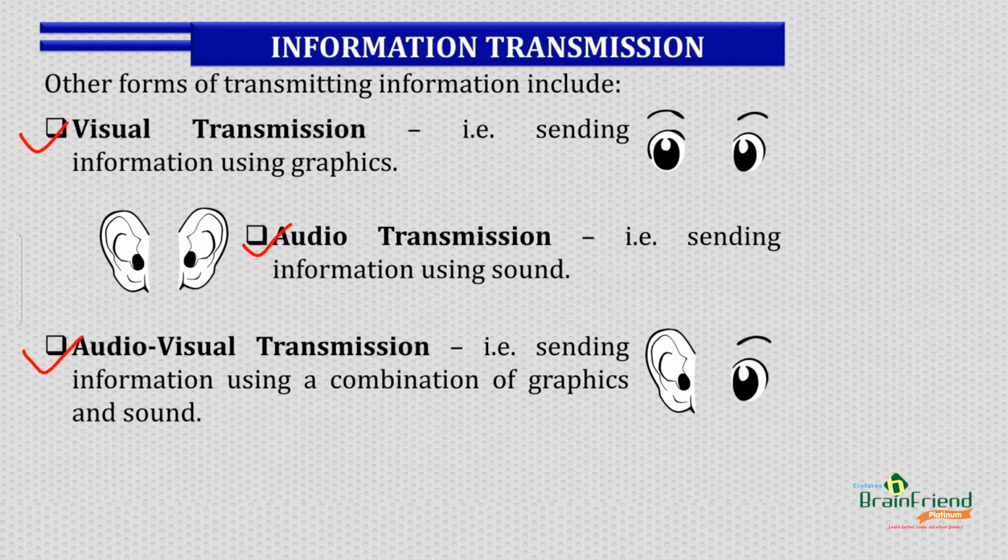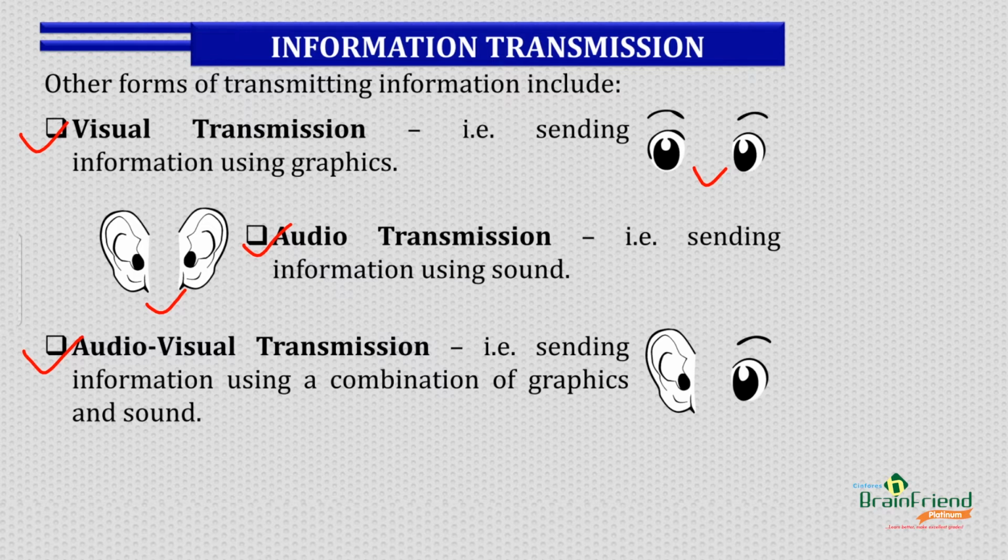When information is transmitted visually, the receiver sees them only. When information is transmitted orally, the receiver hears them only. In visual, you only see the information. In audio transmission, you only hear the information.